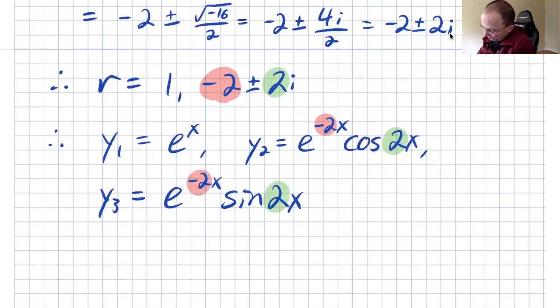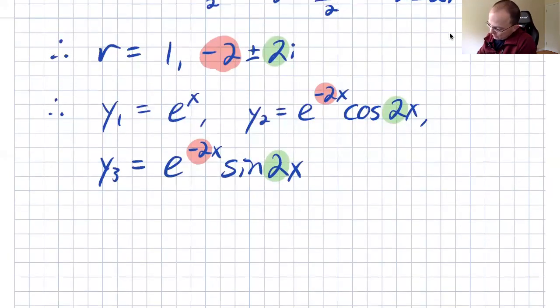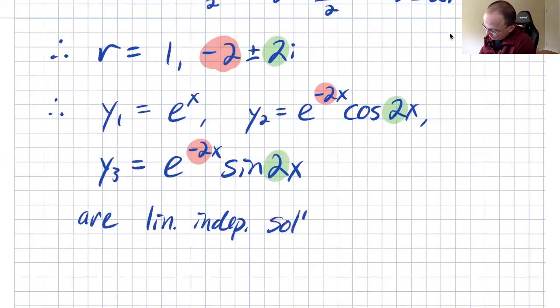This negative 2 goes into the exponent, e to the negative 2x, and this imaginary part, 2, goes here and here into the trig functions. So these are linearly independent solutions of the differential equation.